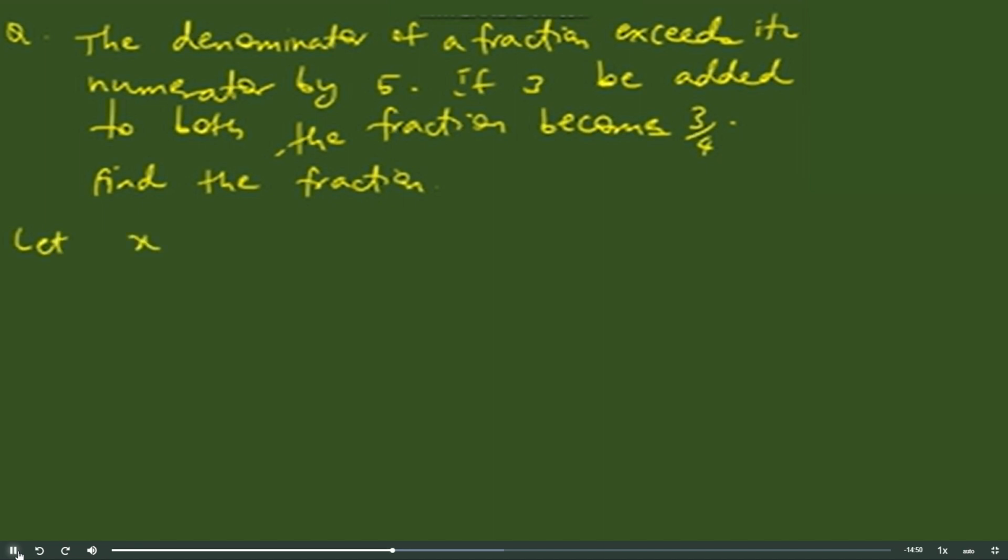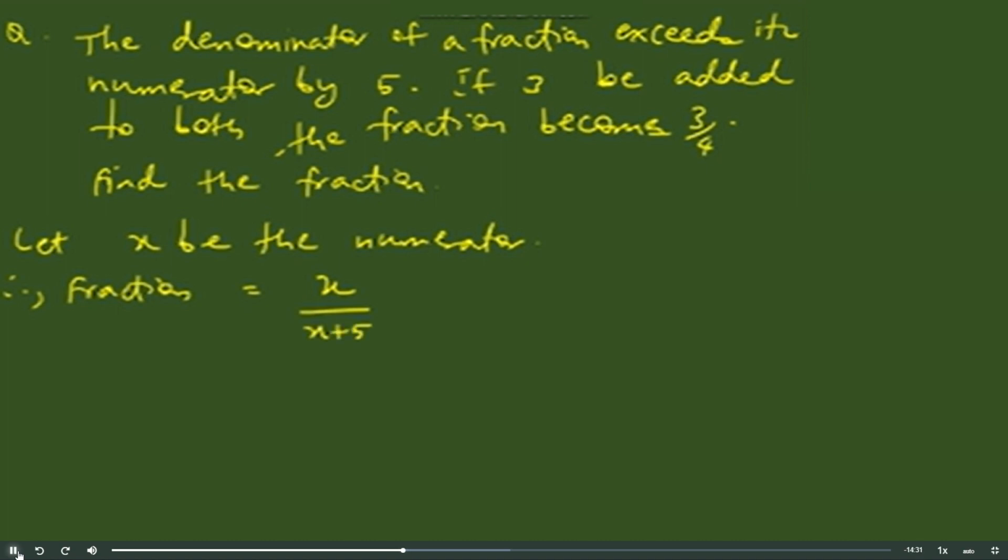Let's take the answer. Let x be the numerator. Therefore, the fraction is equal to x over denominator, and the denominator exceeds the numerator, so x + 5. Now the question says that if 3 is added to both, so (x+3)/(x+5+3) = 3/4.